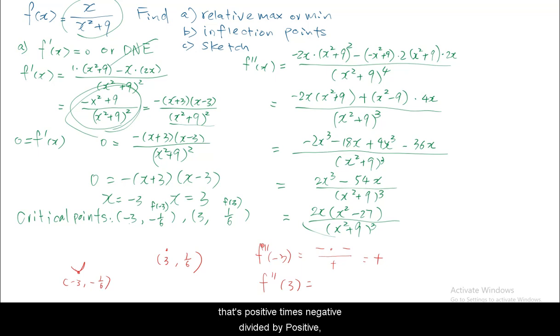That's positive times negative divided by positive, which is negative. So it's concave down at this point. So negative 3, negative 1/6 is a local minimum, whereas 3, 1/6 is a local maximum. But local, because it's not an absolute maximum.